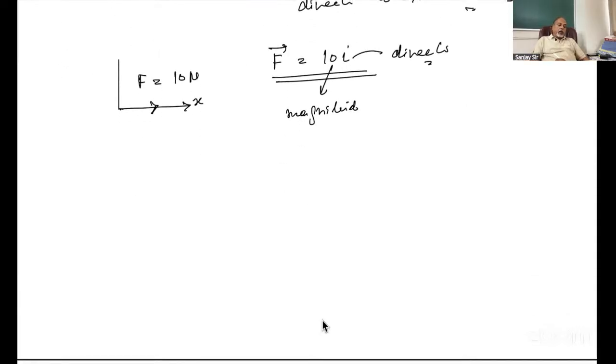Suppose you have a vector like this. You have an xy plane. You know, in this direction I is there, and in this direction J is there. Suppose you have a coordinate 2, 3, and you join this.